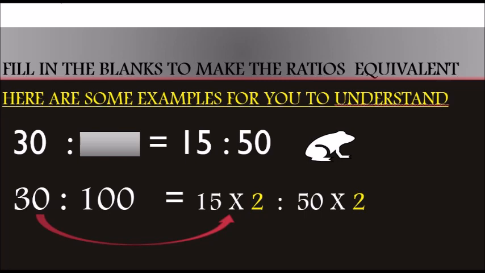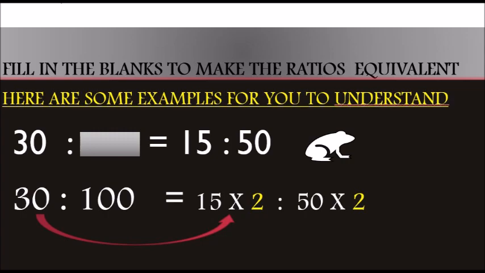Now, since we have 30 to be compared with 15, what are we going to do with 15 to make it 30? 15 multiplied by 2 is going to give us 30. All right. And since we are doing equivalent ratio, the same multiply by 2 will be applied on the second number, that is 50. 50 multiplied by 2 is giving us 100. So the answer is simple. 30 ratio 100 is the answer.